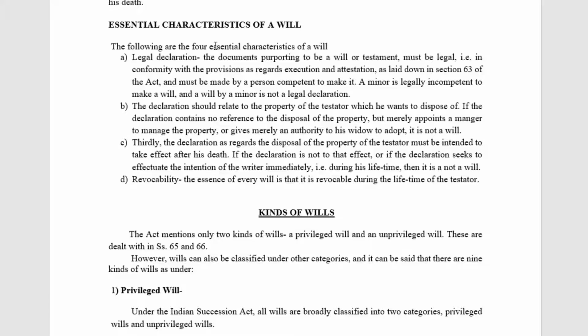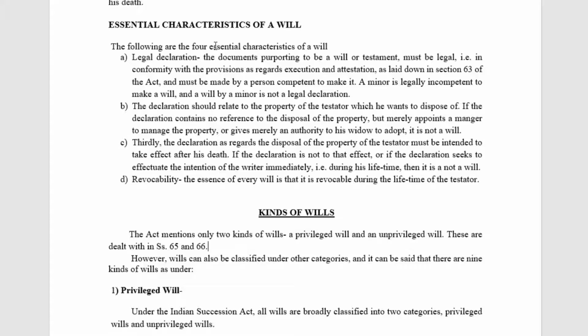The testator should be of sound mind. And the second one is that the testator should not be a minor. So these aspects we can see under section 59 of the Indian Succession Act. That is the primary thing. Under this section also, section 59, we can look into who are the other categories of persons who can make a valid will.